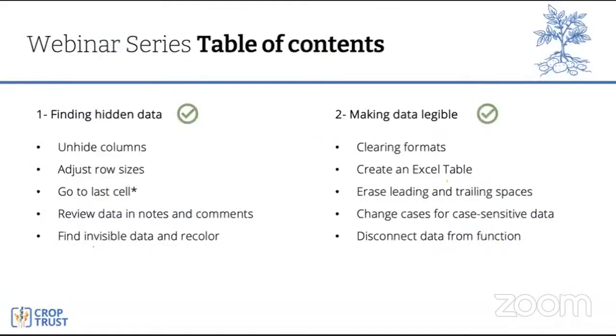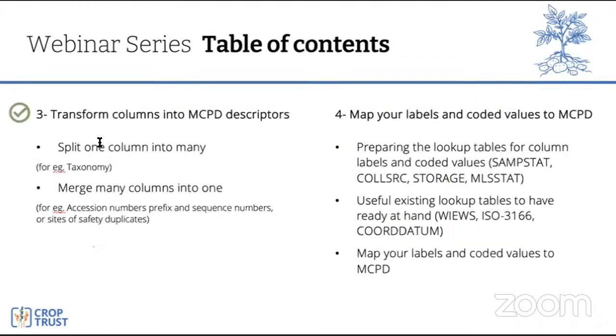What we already covered in the first part is, again, some data cleaning, for example, finding hidden data and making data legible. It also covered splitting columns into many or merging many columns into one in order to transform them into MCPD descriptors. So that was covered already.